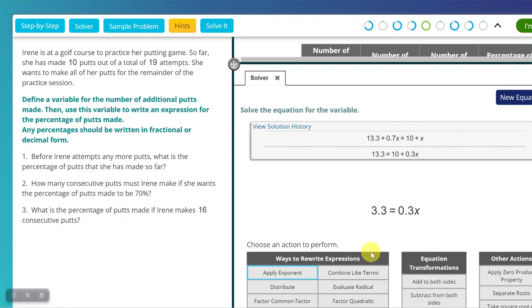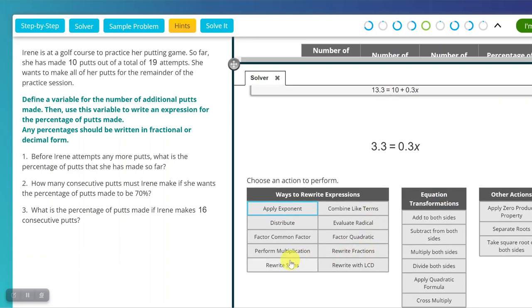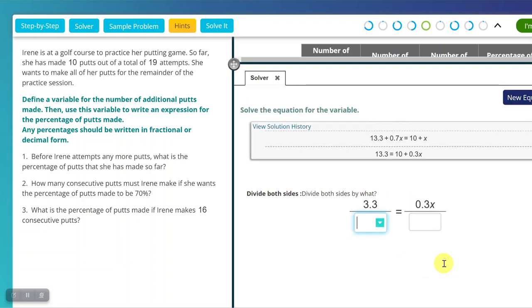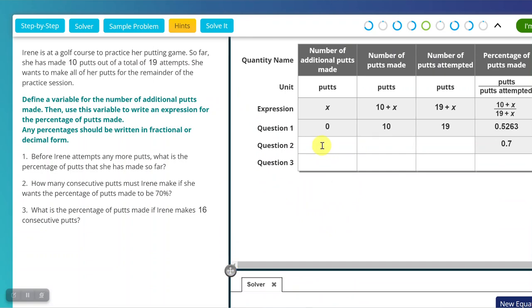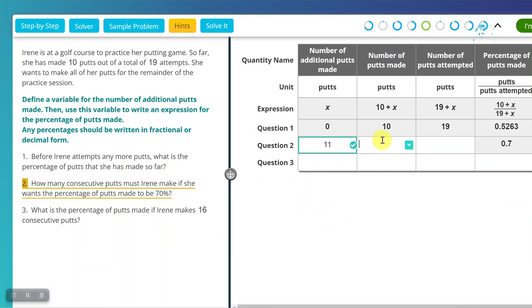And then I'm going to need a little division, so we're going to divide both sides by 0.3, which was the coefficient of x, and we get 11. All right, let's move that down. So we know it's 11. This is going to be 10 plus 11, 21. And this is going to be 19 plus 11, which is 30.